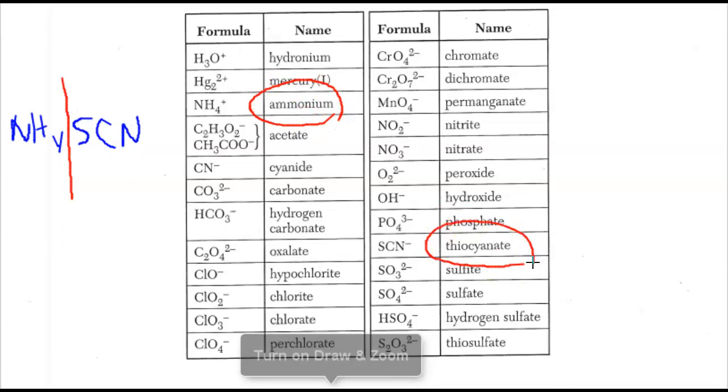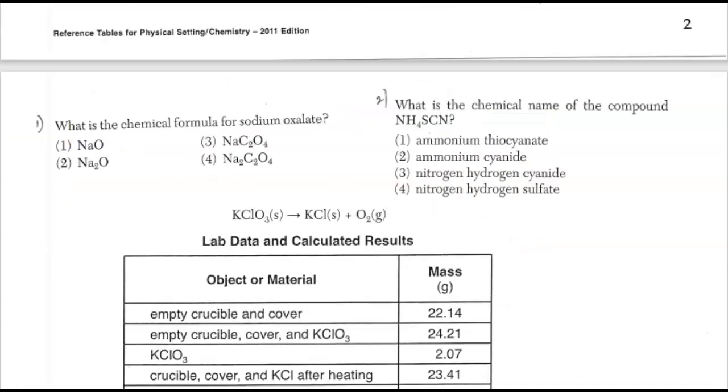Literally, those two words just go together. Ammonium thiocyanate, done. Just finishing up the question for number 2 here, that would be choice 1. Please do not get creative and make up your own name. Look at the reference tables. Look at reference table E. It's all there. You just have to look. Let's keep going.